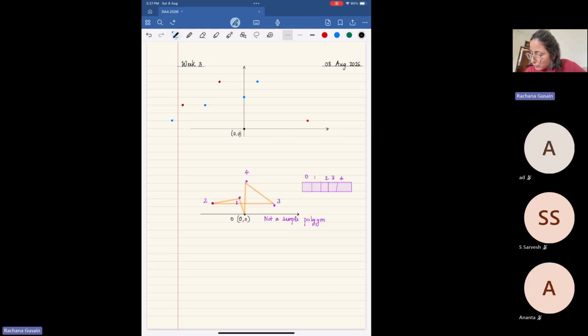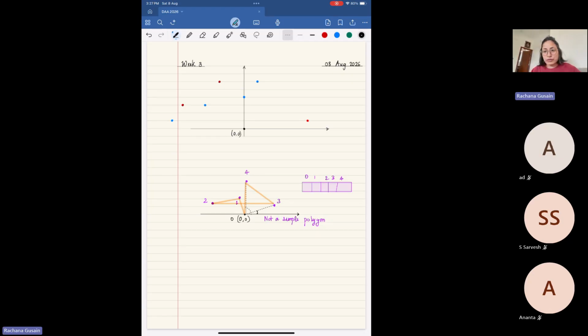So my first point in the sorted array must be, after 0, the point number 3. And why? Because this angle is smallest. Point 3 makes the smallest angle with respect to the horizontal line I have drawn. Clear? Then the next point in my sorted array must be point 4.